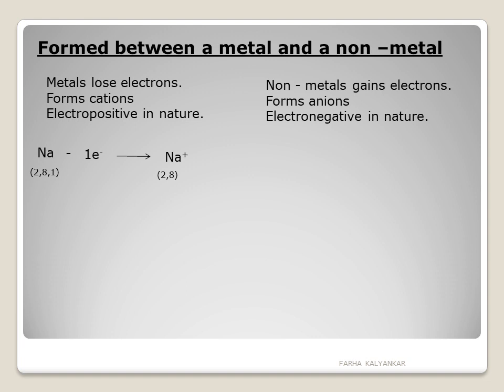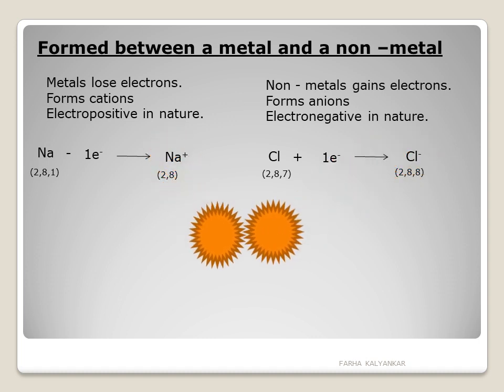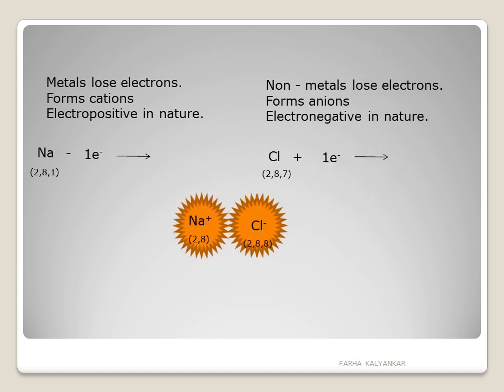Similarly, a neutral atom of chlorine, when it takes up an electron, forms a chloride anion. As both are oppositely charged ions, they tend to attract each other. They come close together to combine and form a compound known as NaCl.